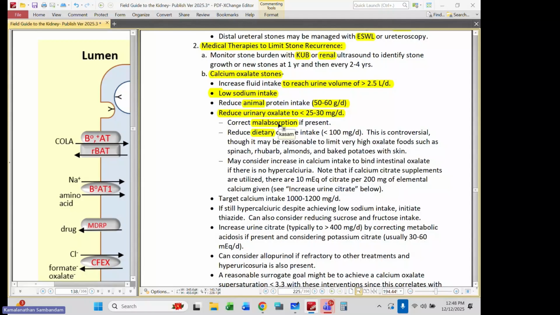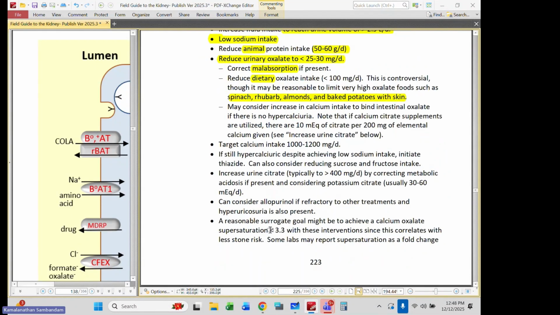We've discussed how fat malabsorption increases oxalate absorption from the gut. And then you might reduce their dietary intake of oxalate. Okay. There are a lot of healthy foods that have oxalate in them. Some of the shorthand history that I use in the clinic is some of these more common things like almond nuts, spinach, and potato skins. Those are things that end up in many people who are pursuing a healthy diet.